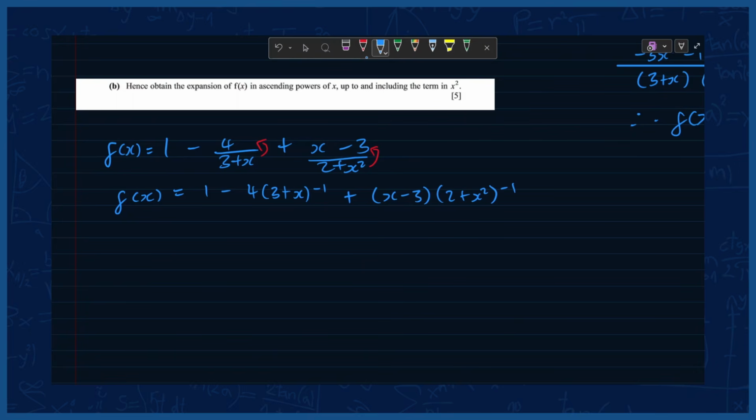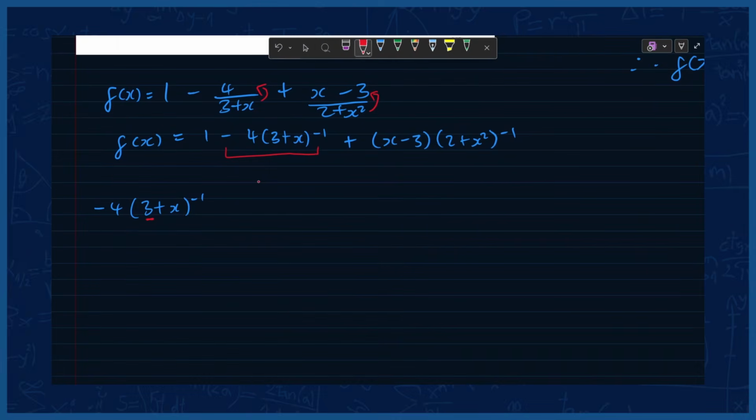So let's go term by term. Let's expand this part first. So that's your negative 4, (3 plus x) to the negative 1. The formula we want to use to expand this requires this first term here to be a 1. So we're going to need to factor out that 3. So negative 4, and then I'll factor out 3.